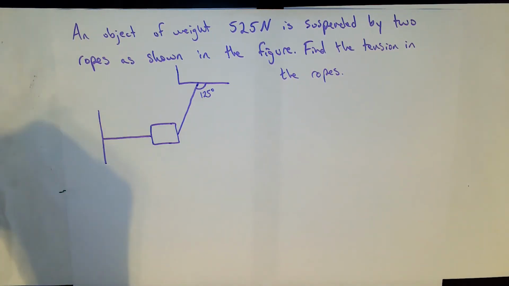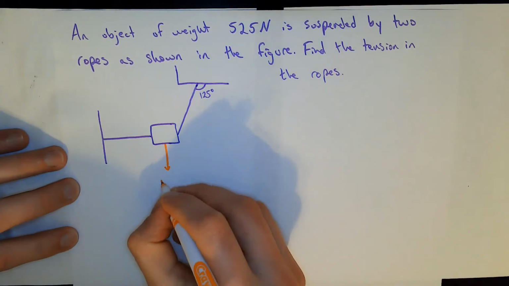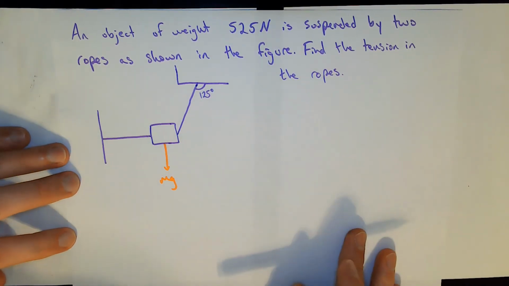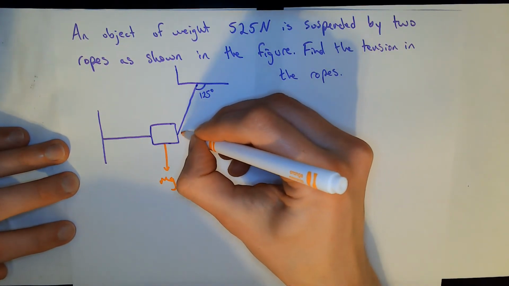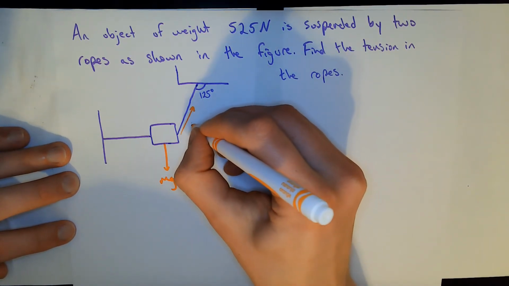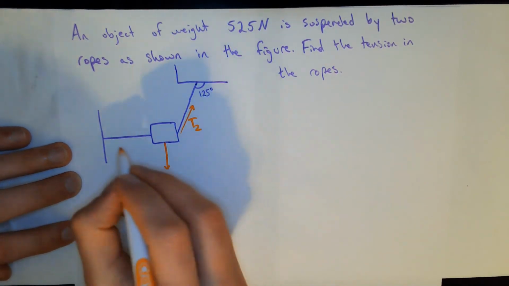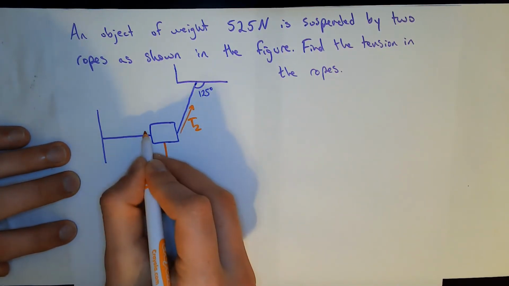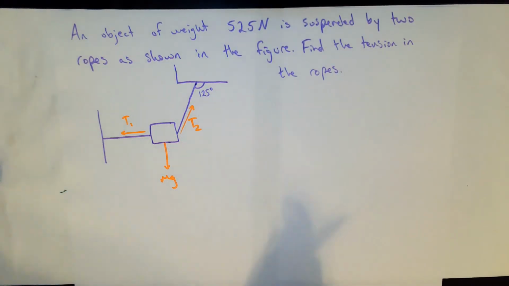Okay, so drawing my forces on this, I have my mg, that's the weight, which I was actually given as 525 newtons. I have a tension force pulling up at an angle like this, I'll call it T2, and this one pulling this way, I'll call that one T1.